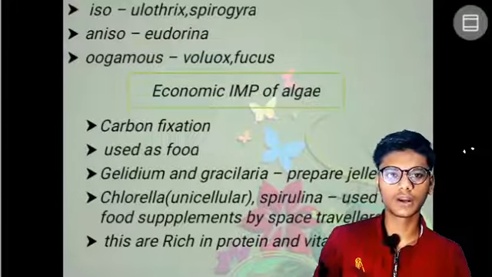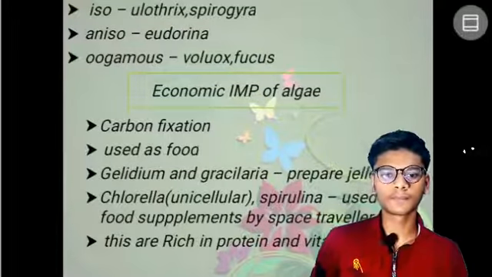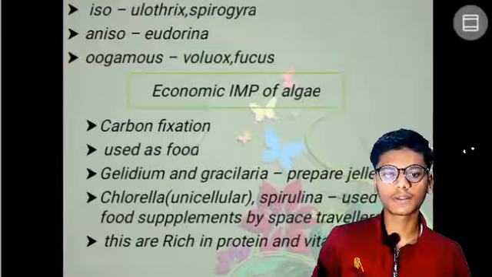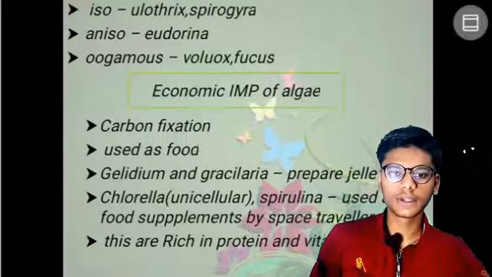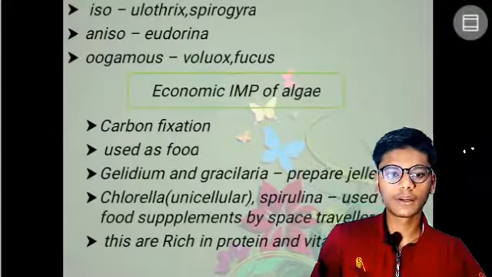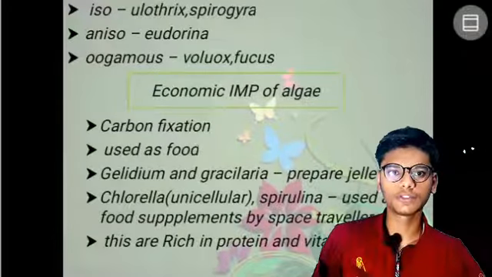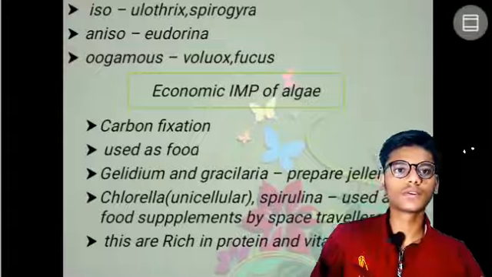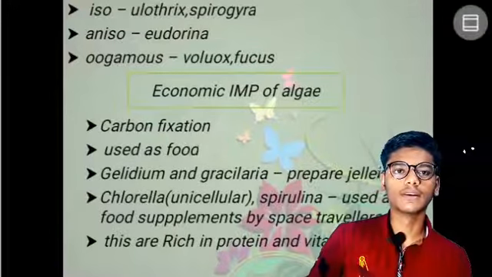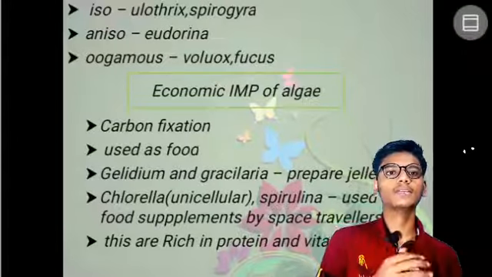Chlorella is a unicellular alga, and these capsules or tablets are available everywhere. So these are the points: carbon fixation; used as food; Gelidium and Gracilaria prepare gels; chlorella and spirulina, rich in protein and vitamins, are used as food supplements. So this was about algae, and here we will end the video and see you in the next video.